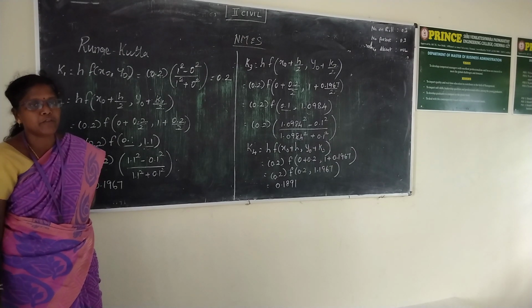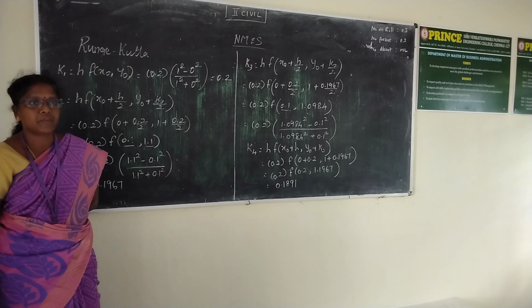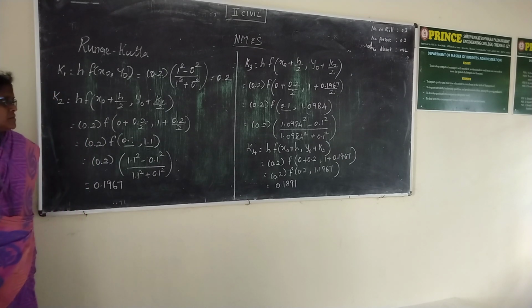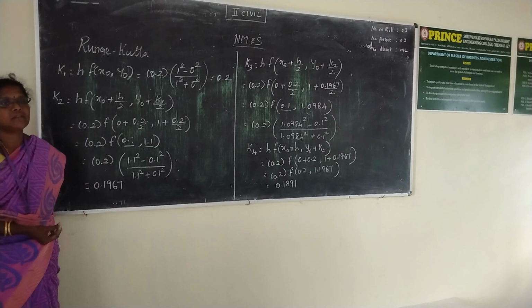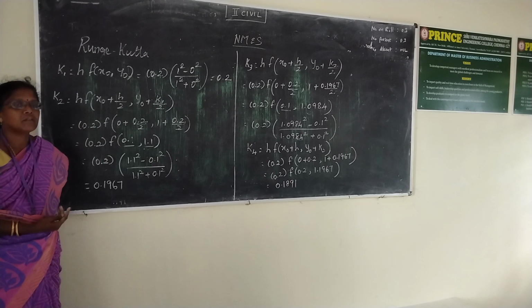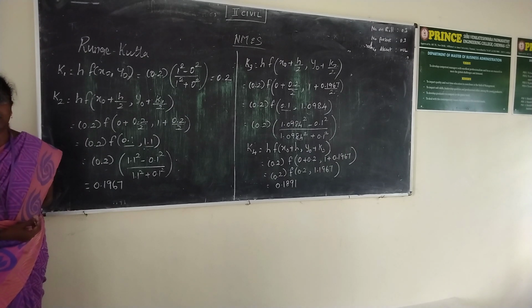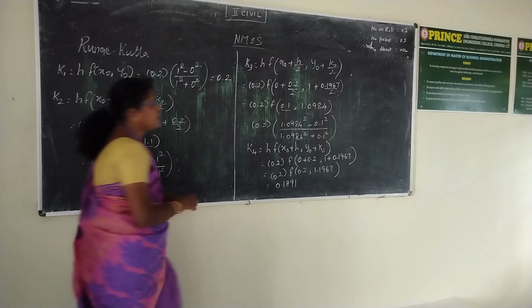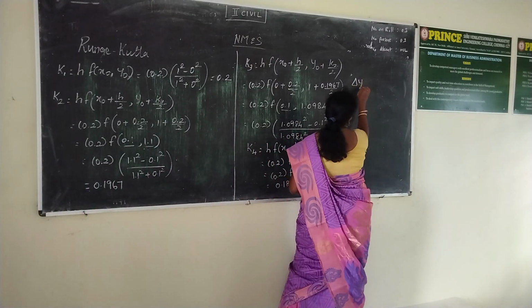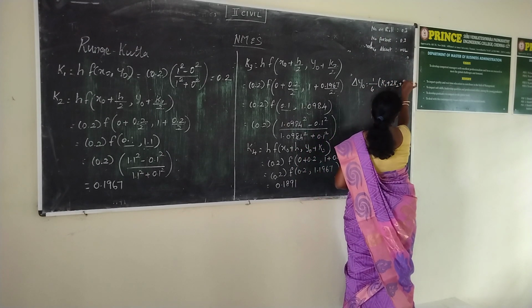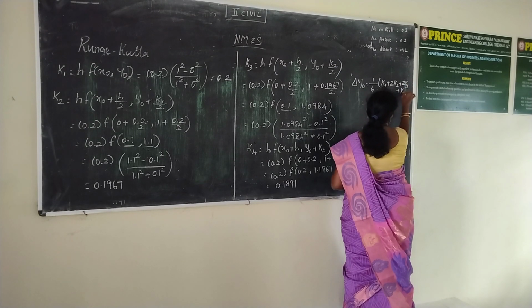After finding K4, you have to find the increment value, del y. Should we continue the increment? So right, del y naught equal to 1 by 6 of k1 plus 2k2 plus 2k3 plus k4.